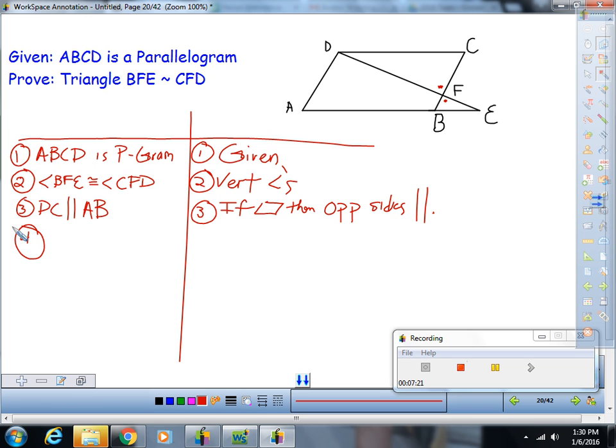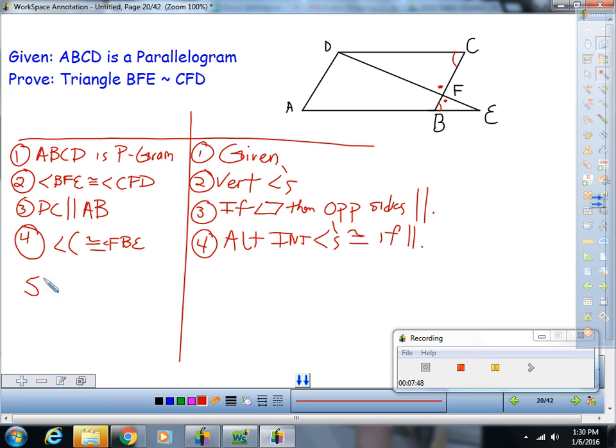So now I can say that those angles are congruent, that angle C is congruent to angle FBE by alternate interior angles, if lines are parallel.